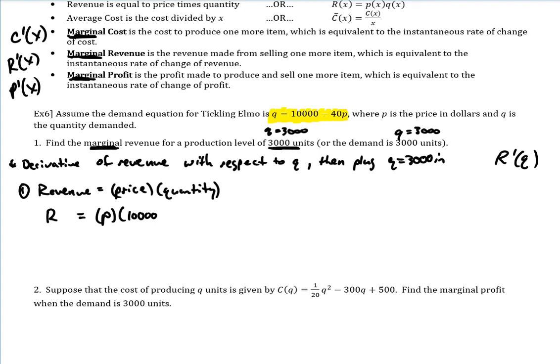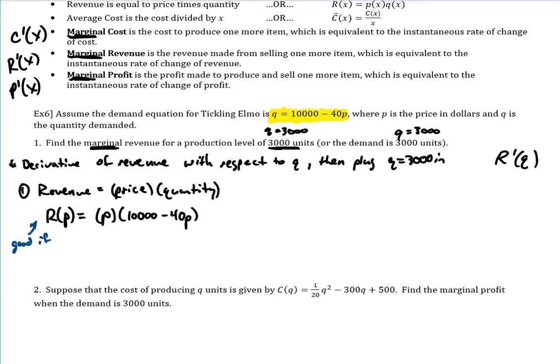I'm just subbing in that equation. But this would be revenue with respect to P, with the price. I would want that if they said, find the marginal revenue if the price is $7. But they're talking about quantity, so this one would be good if they wanted something with price in it.